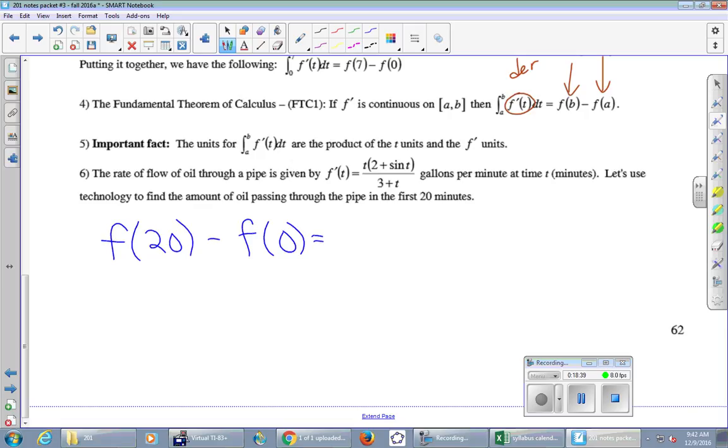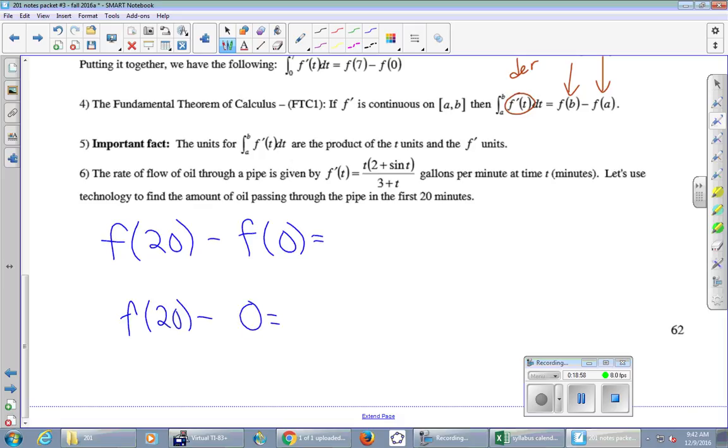You guys buy it, right? This is what I'm interested in, is how much oil has flowed through this pipe in the first 20 minutes. F of 20, I don't know what this is equal to. F of 0, the amount of oil that has flowed through if no time has elapsed, it feels like 0 is a reasonable thing to put there.